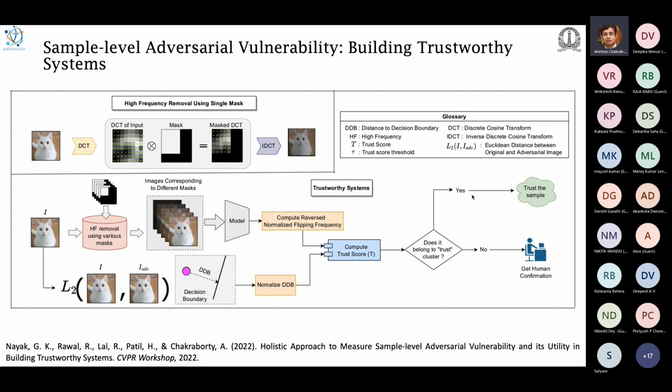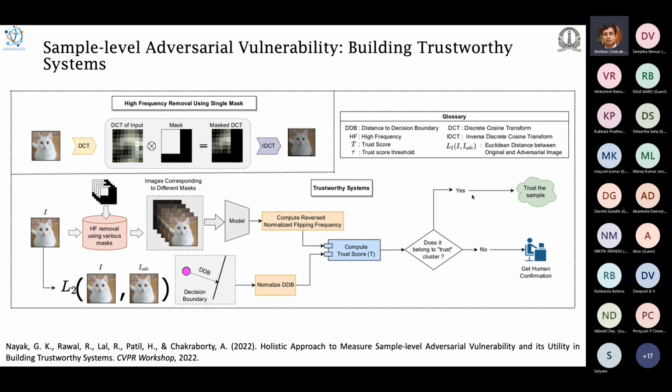However, in this work we argued that this measure is not enough. We proposed a holistic approach for quantifying adversarial vulnerability by combining a notion of high frequency components of input images and how that affects adversarial vulnerability.